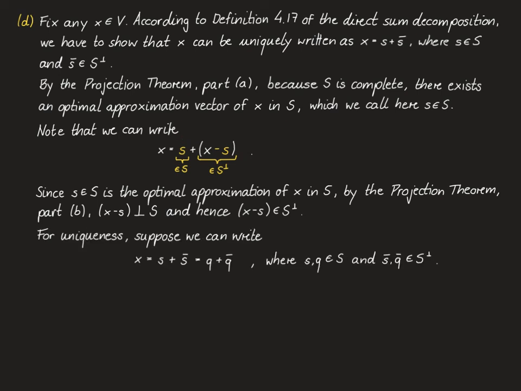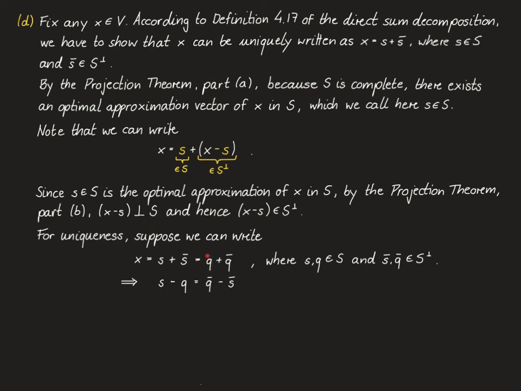To prove uniqueness, suppose we can write the vector x as the sum of s and s bar, as well as q and q bar, where s and q are in the subspace S, and s bar and q bar are in the subspace S perp.